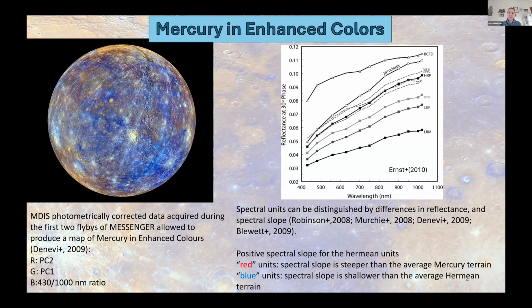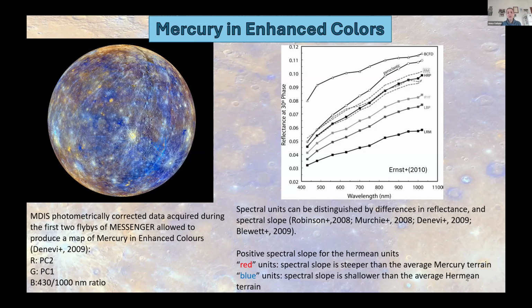As you can observe from this image of the spectra, all the units have a positive spectral slope. This means that the reflectance increases at longer wavelengths, with progressively higher values as I move to longer wavelengths.